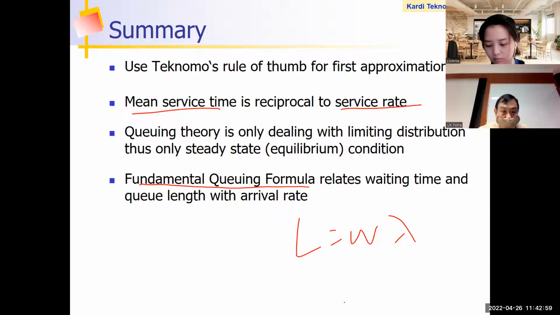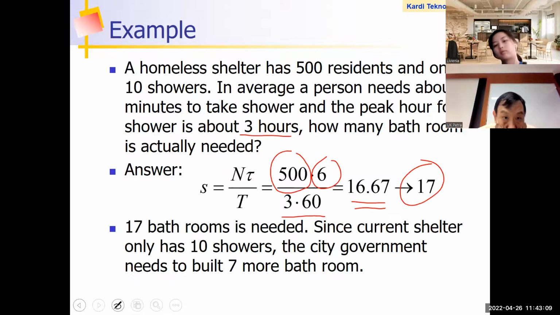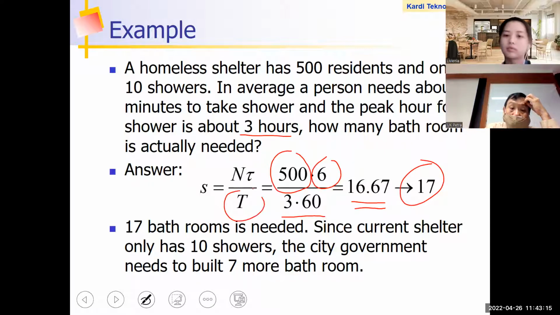Up to here, is there any question? Which one? The 3 hours basically represents the performance. Why do we need to use peak hour rather than off hour?